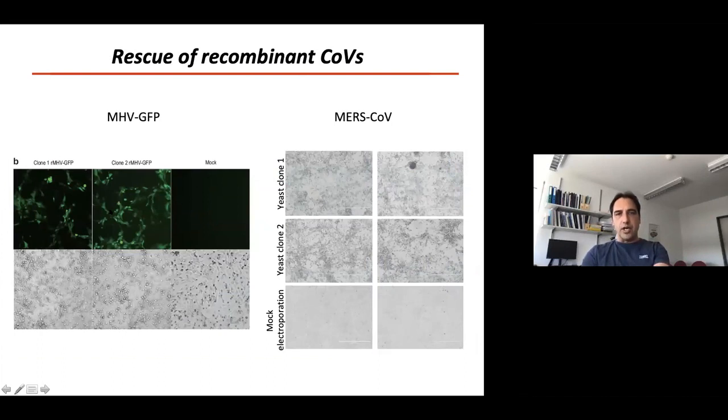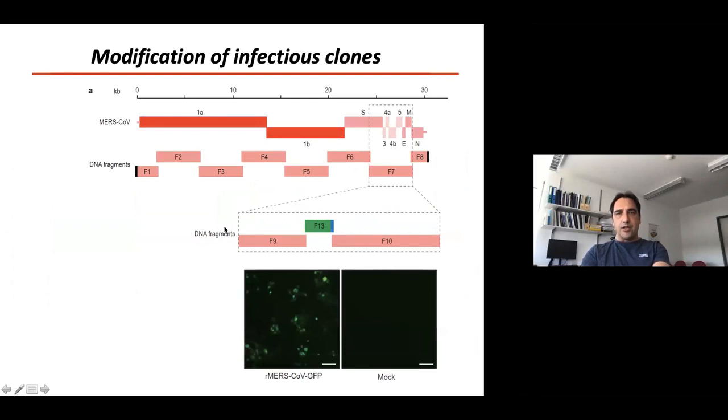Of course, we also rescued the virus. Here's the mouse hepatitis virus GFP and also the MERS coronavirus. So then the next question is, how can we use the system to modify the clones?